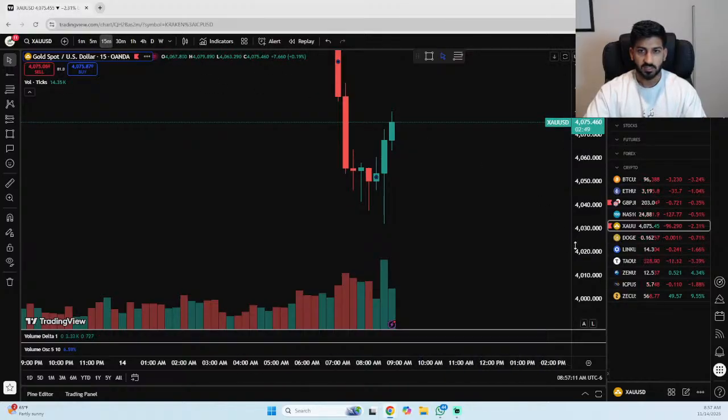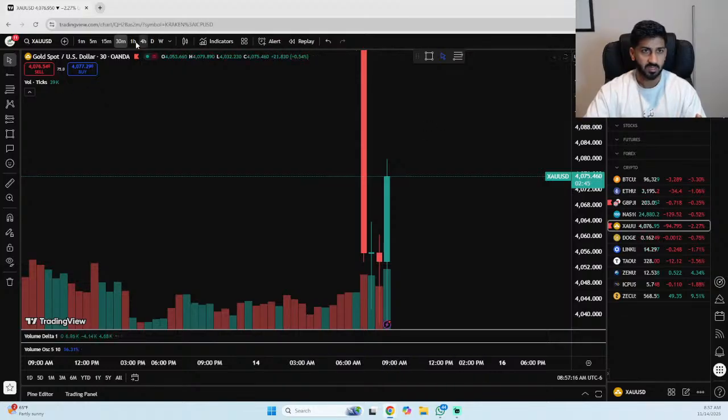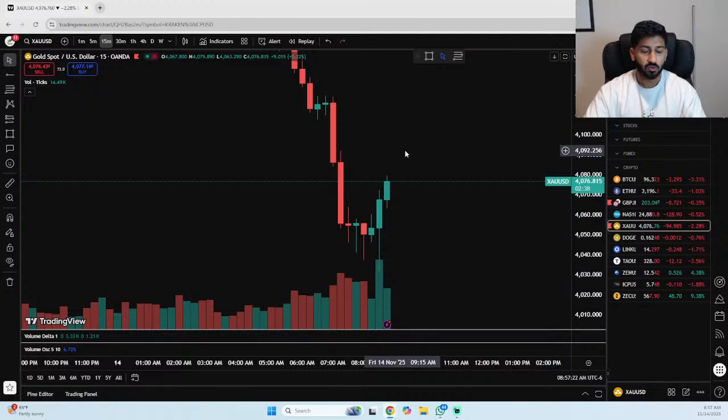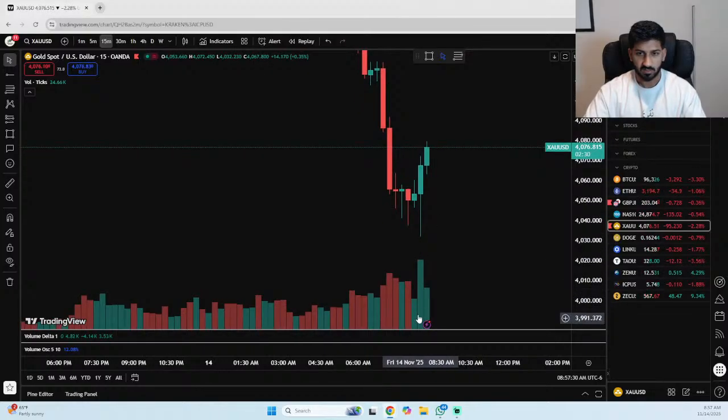I'm going to try to see if there's some structure and we can take a live trade. But yes, New York gold, London session and New York session, you have volume, and I think you can incorporate this. You see, this candle has more volume, and the next candle continues to push up a bit.